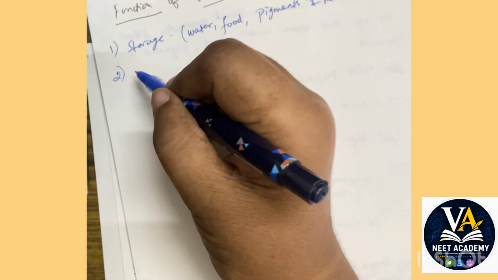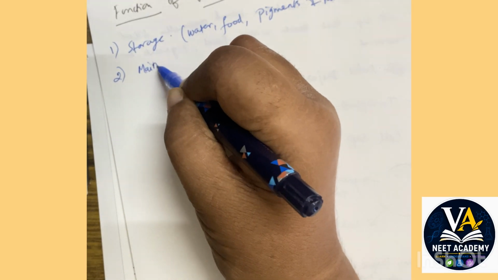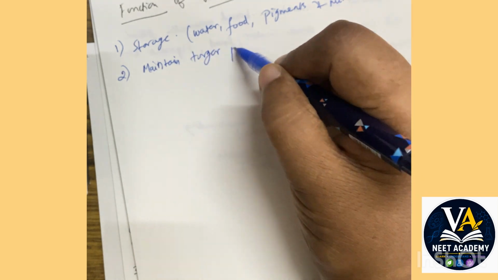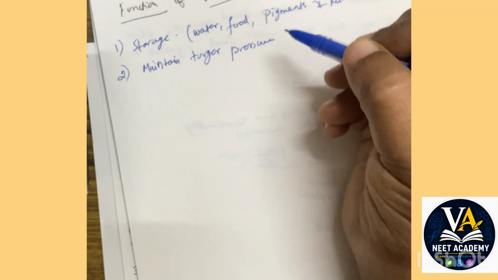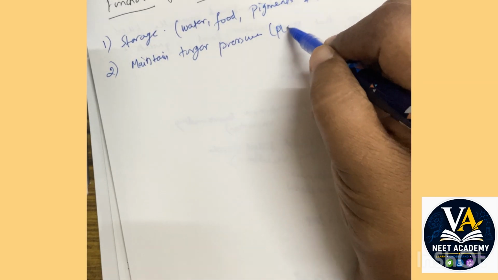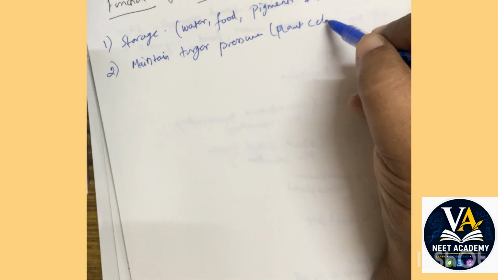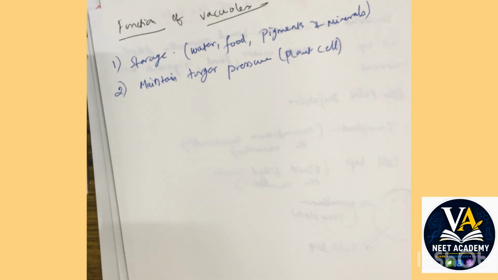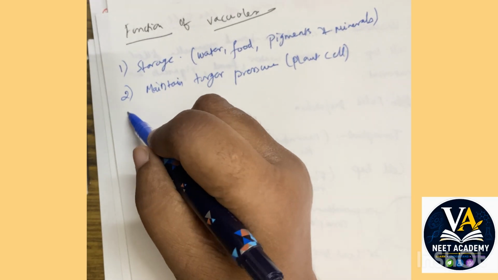They maintain the turgor pressure. Now this is very important especially in plant cells. Maintain the turgor pressure in plant cells.